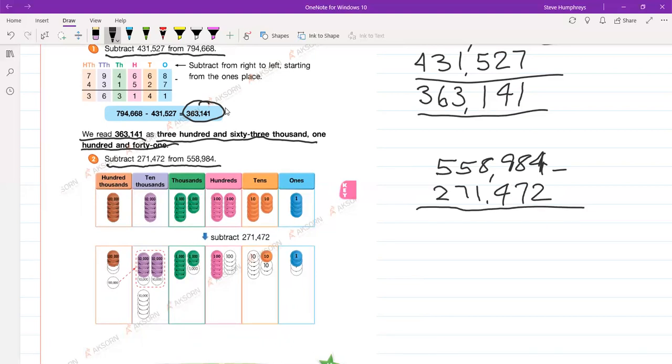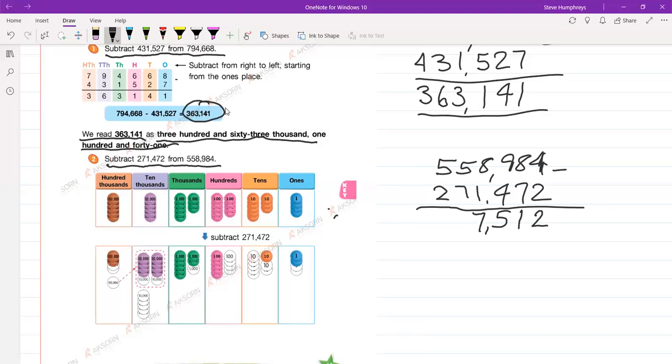Okay, here's another method of doing it using number discs. Okay, I'll do it this way. See if we get the same answer. Start with the ones column. 4 minus 2 is 2. 8 minus 7 is 1. 9 minus 4 is 5, comma. 8 minus 1, 7.